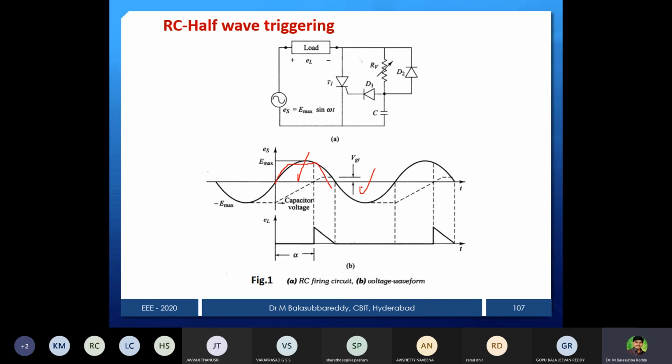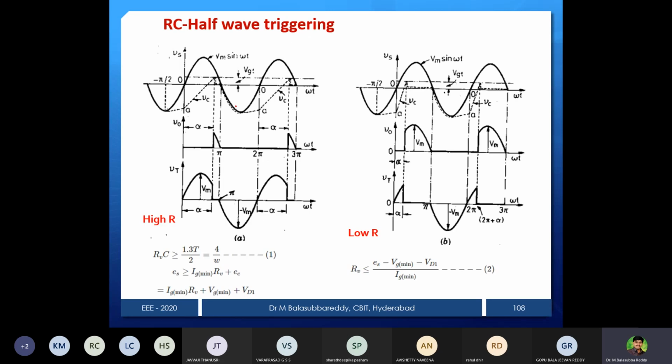So I have to convert this AC supply into only positive cycles. That means the negative half cycle also needs to become a positive half cycle. Then only can I get another firing pulse. But how to make that? That is the RC full wave triggering.